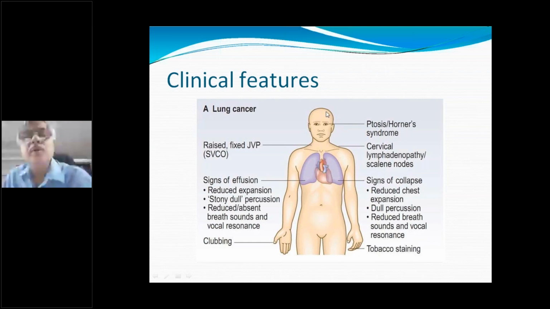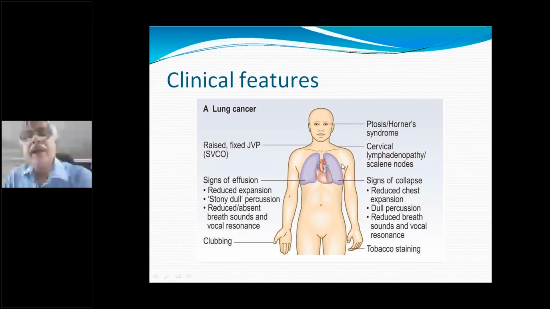Puffiness of the face will be there, and then there are engorged veins over the chest. That is superior vena cava syndrome. And stellate ganglion, that is cervical sympathetic. Then the patient will develop ptosis and Horner syndrome. In Horner syndrome, the three components will be there.